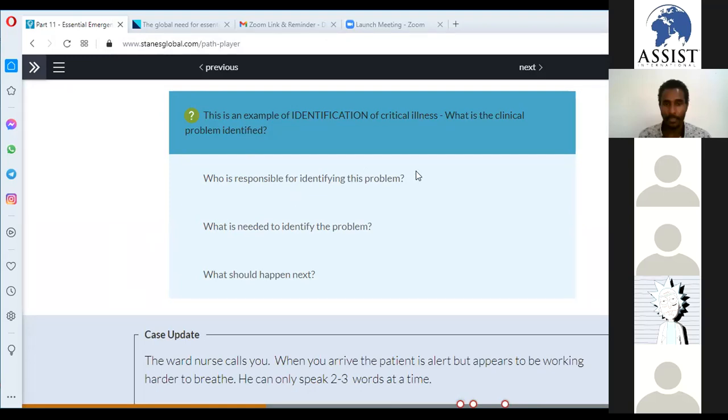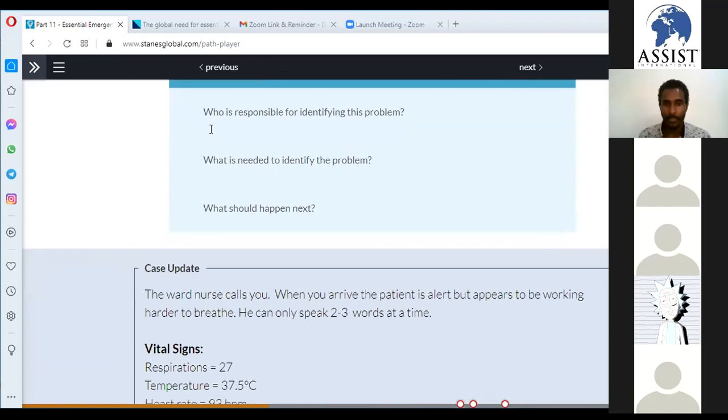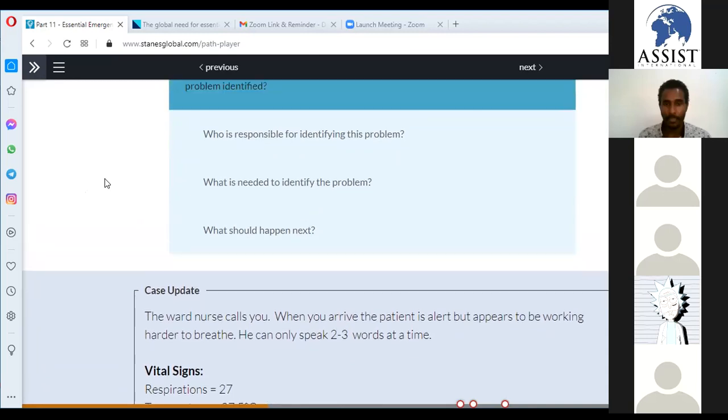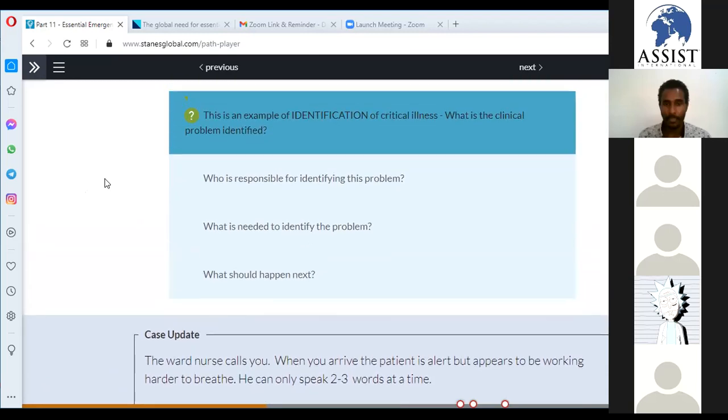So who is responsible for identifying these problems? The patient is admitted to the ward. Who do you think is responsible to identify? Basically everyone in the health system, including the physician and the ward nurses, is responsible for identifying critically ill conditions in a patient.